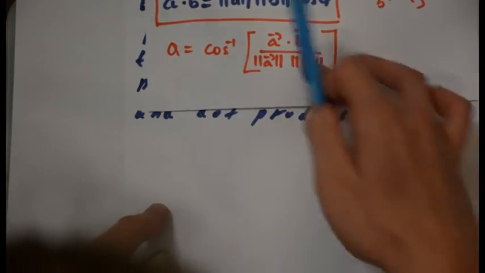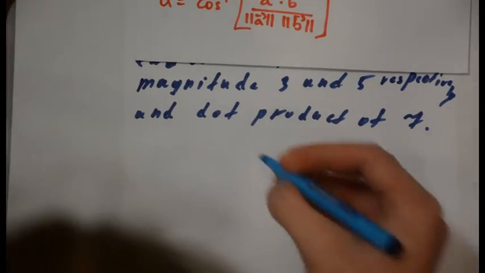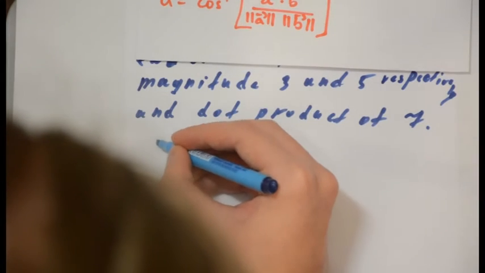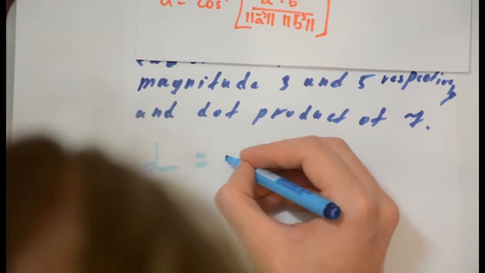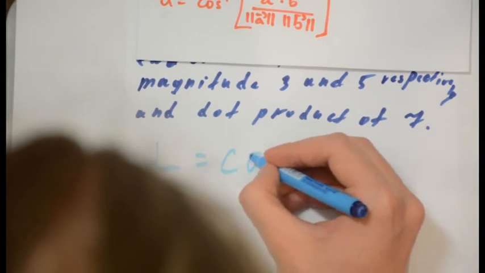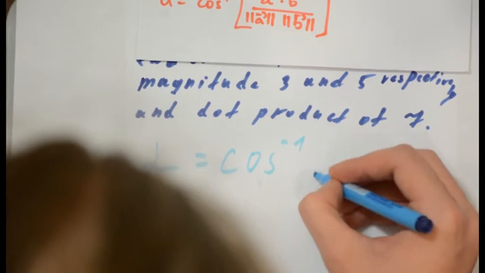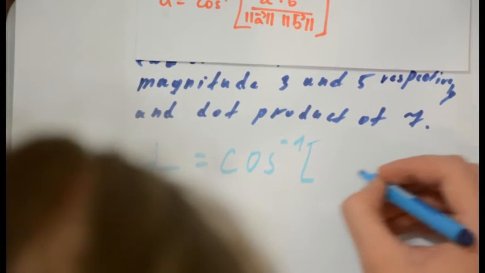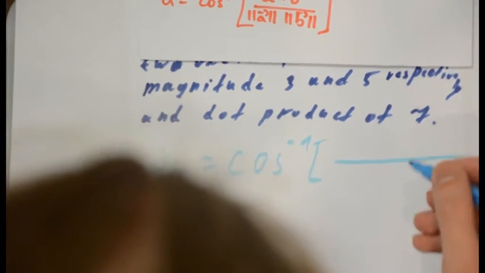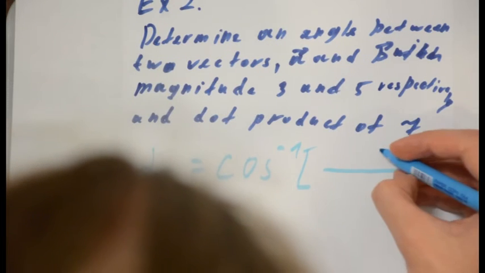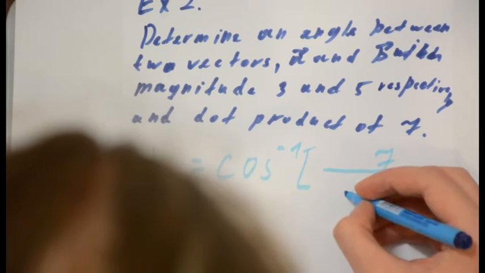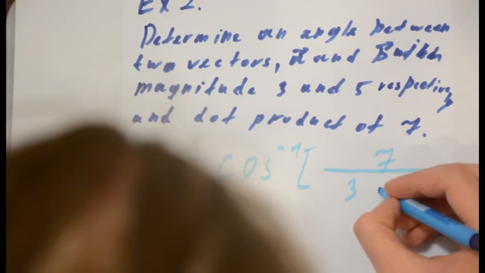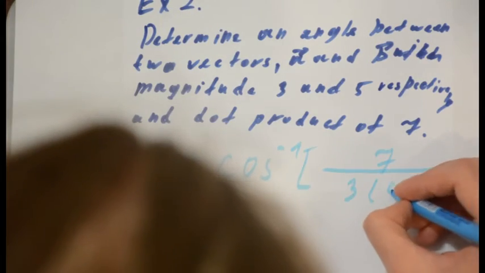To find the angle, we're going to find alpha. We take the cos inverse of 7 over 3 times 5.